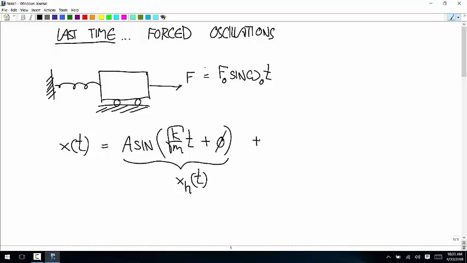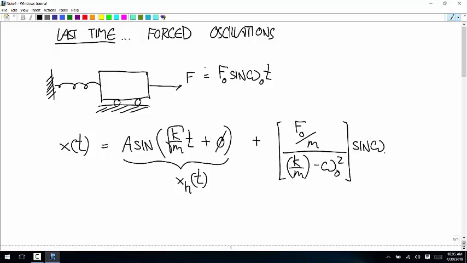And then we had a second term that was, I think I had it in a different form than this, but it was like f sub 0 over m all over k over m minus omega 0 squared. So that's a coefficient times the sine of omega sub 0 t. And that was the particular solution.